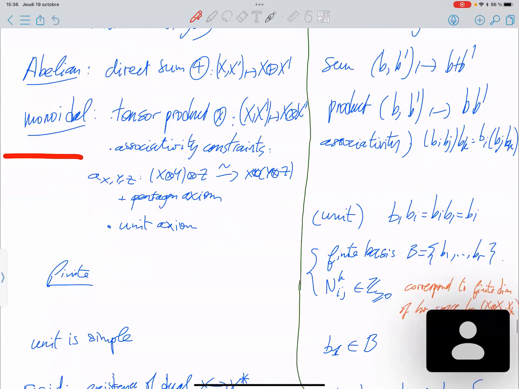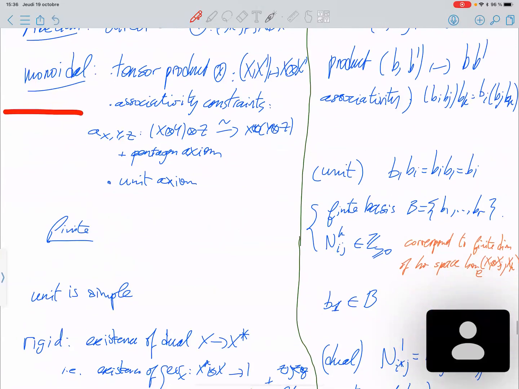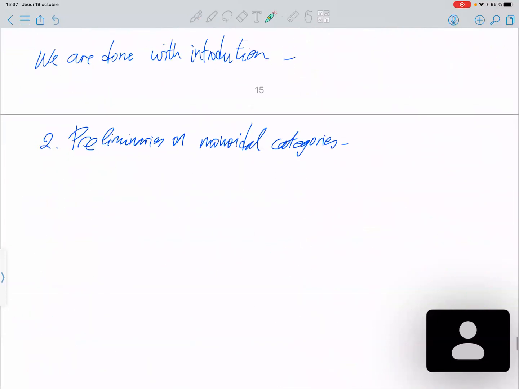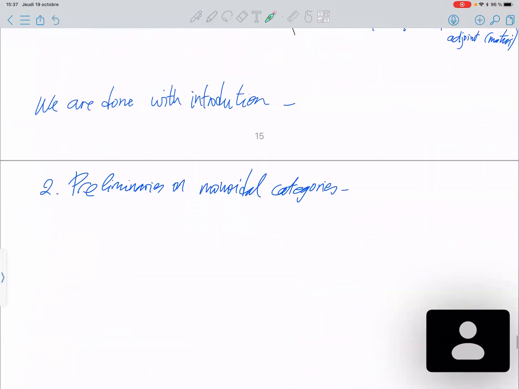You have associativity constraint, pentagon axiom, unit axiom, etc. I don't draw the pentagon, as I already mentioned that several times in the previous semesters.